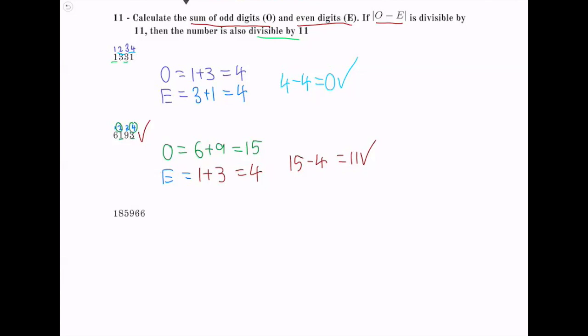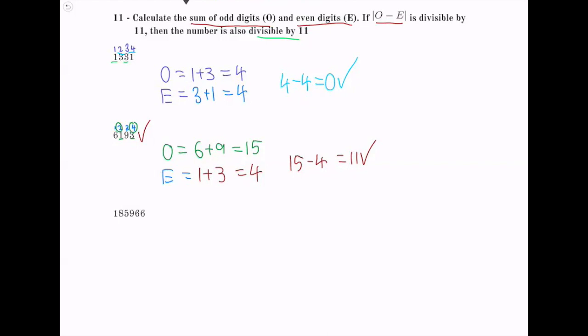Whenever you're trying to find whether a number is divisible by 11, you just look at the odd positions, not the odd digits. You look at the first digit, third digit, fifth digit, and so on, however many digits there are. After that, you take the even positions, the second digit, fourth digit, sixth digit, however many digits are in your number.